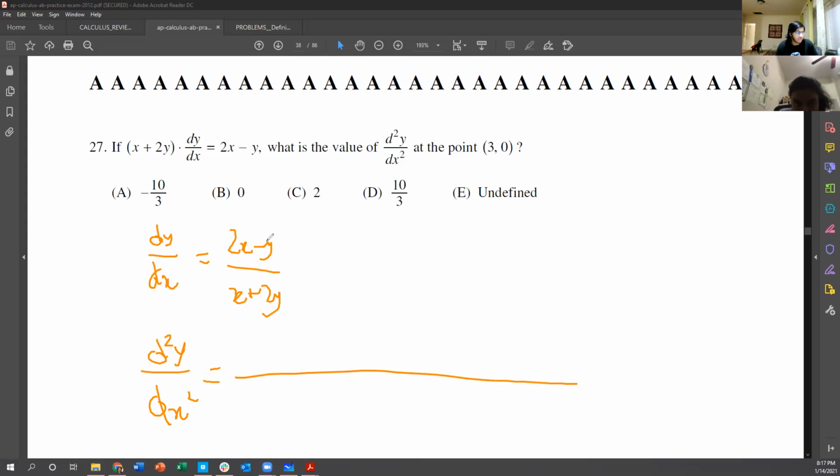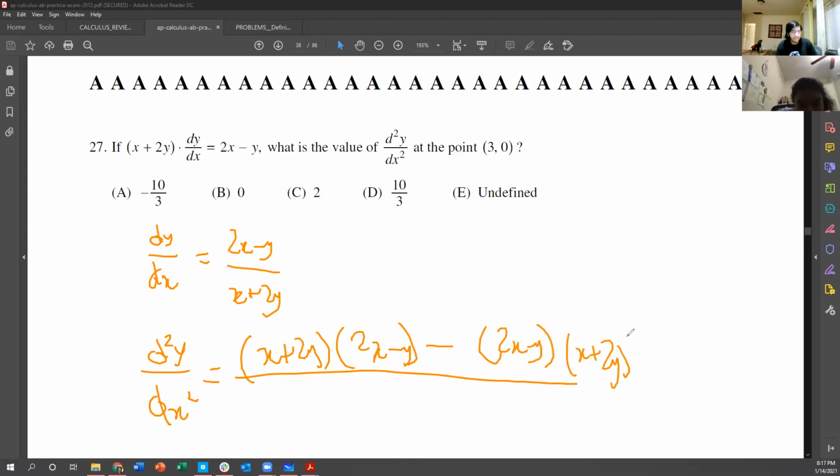I'm going to write it in general terms first. Low d high, so x plus 2y times the derivative of the top, 2x minus y prime, minus high, 2x minus y, d low, x plus 2y prime, over low low, which is x plus 2y squared.